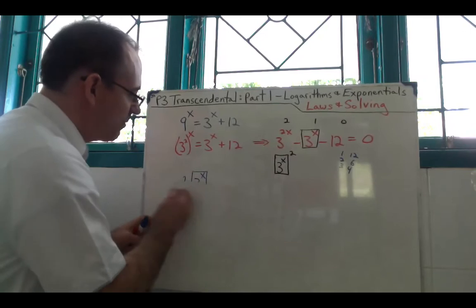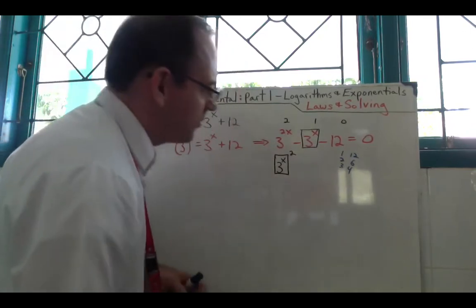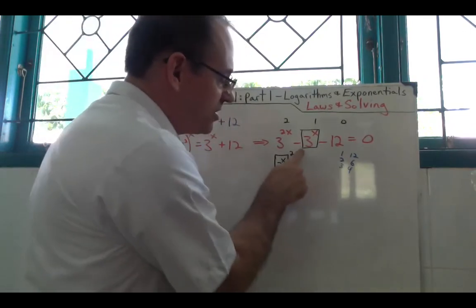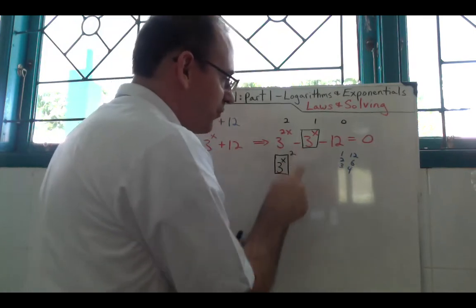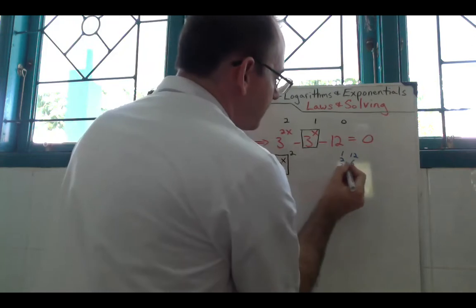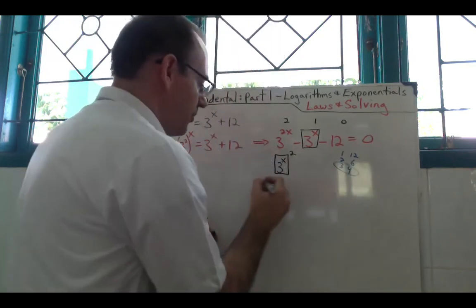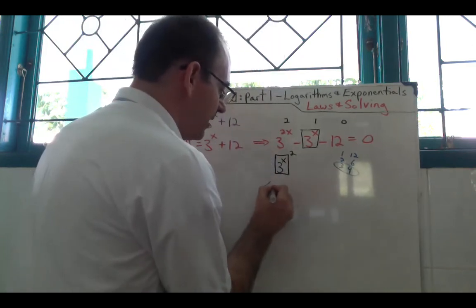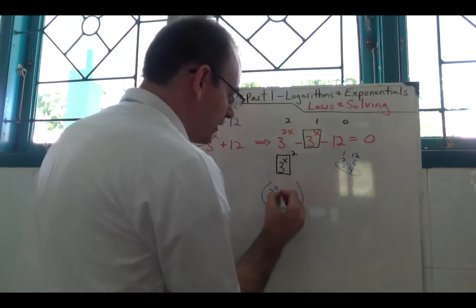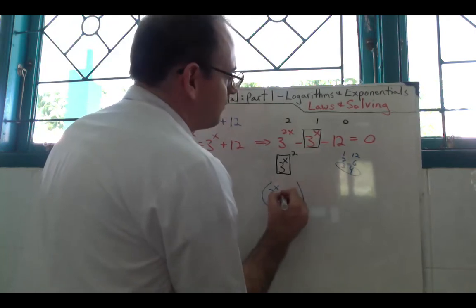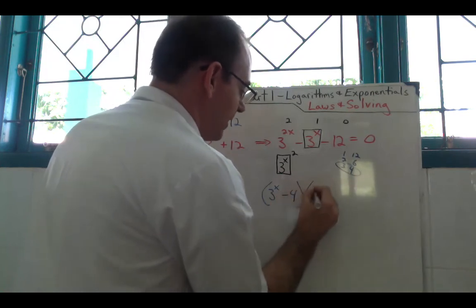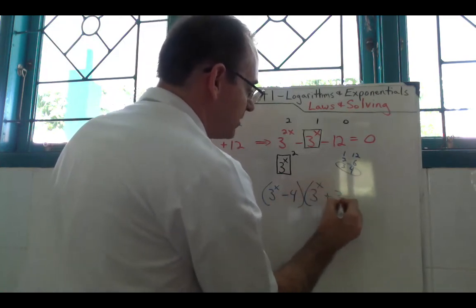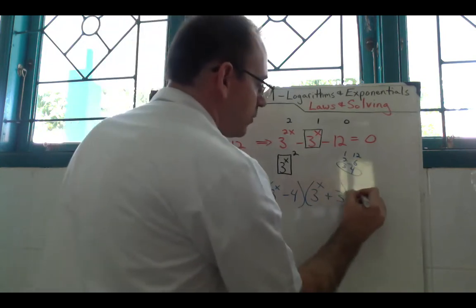So be careful with that. So when we come back here, the coefficient on this is 1. So we want 3 minus 4 to get that -1. So this is a 3 to the x, and we want a minus 4 and a 3 to the x plus 3 equals 0.